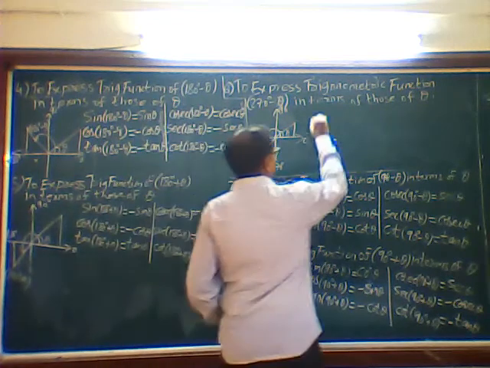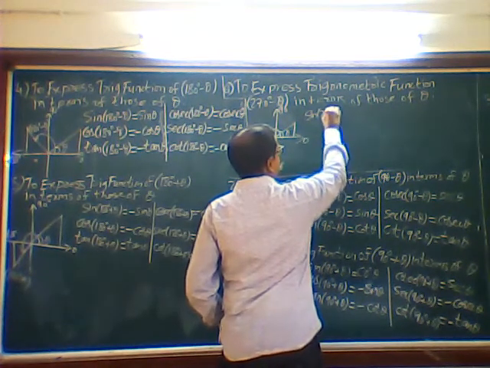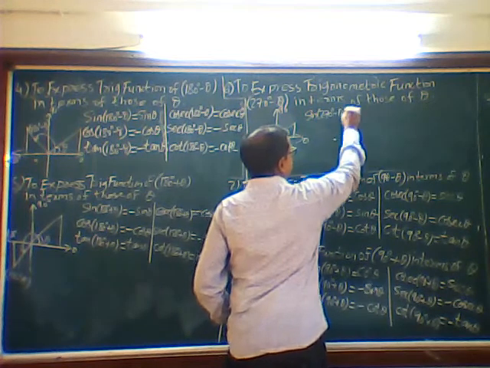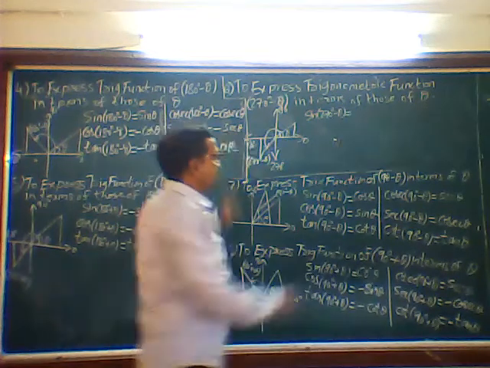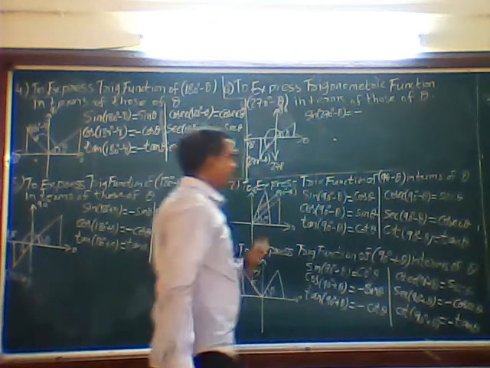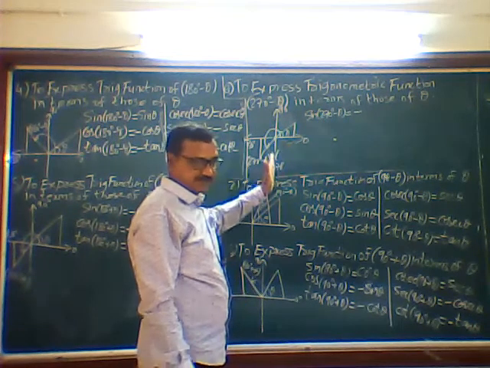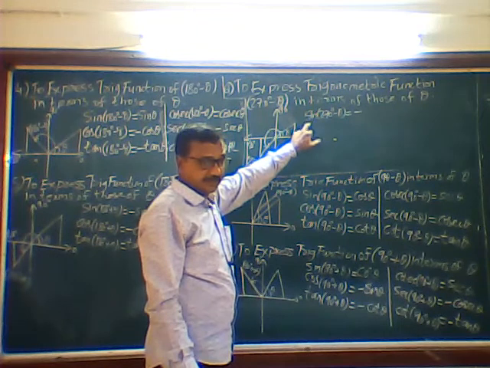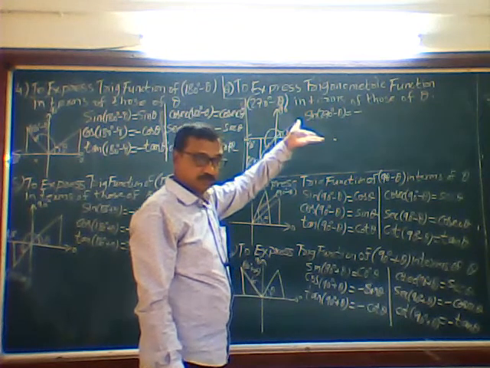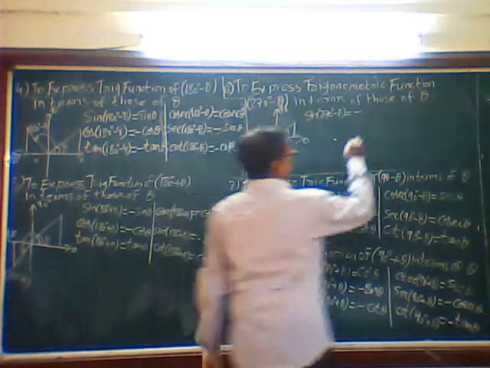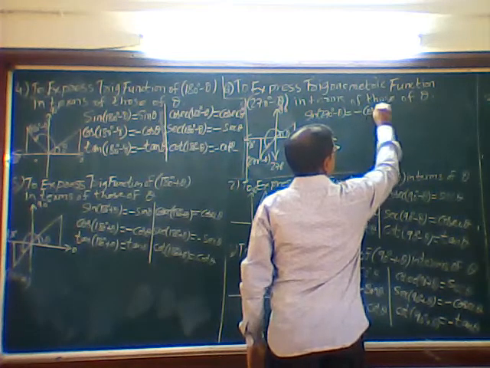Okay, again one by one. Sin of 270 minus theta. In the third quadrant sin is negative. After that we think about this angle: 270 lies on the y-axis, so the original trigonometric ratio sin will change to the co-ratio, cos theta.